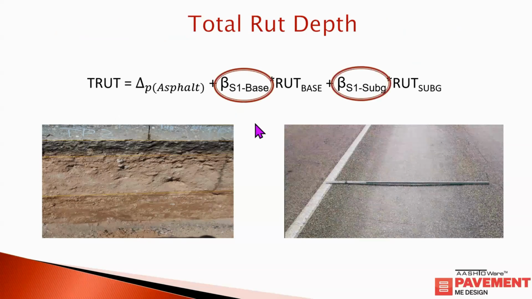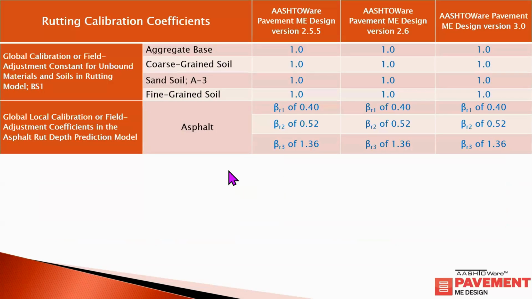So the total of those 5 coefficients are the ones that are going to be adjusted within the CAT. The table here just displays how the coefficients have changed, if they have changed at all, between the 3 versions in the CAT, 2.55 through 2.6 through Web 3.0.